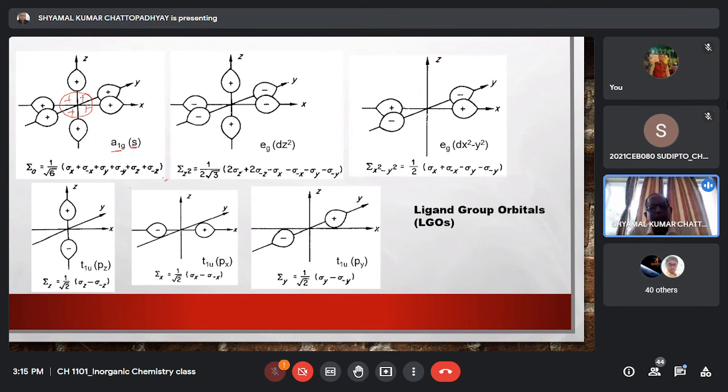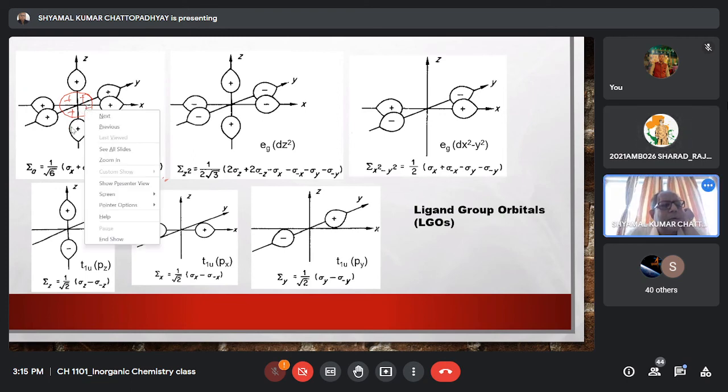Next, ligand group orbital. Yes, any question? Sir, this is lithium. I don't get your point. What do you say? Sir, the metal is lithium. Where is lithium coming from?